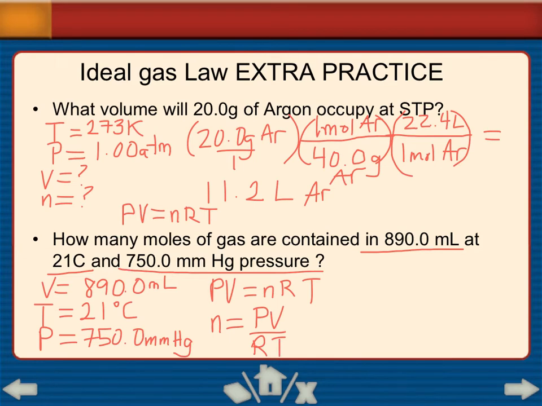we must first convert the 890.0 milliliters to liters. That can be done relatively simply. And we have a matter of the pressure, 750 millimeters of mercury. That's a little less common, but we do have an R value for that. So we'll use it as millimeters of mercury.